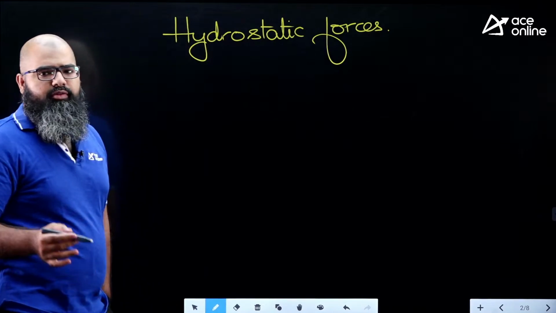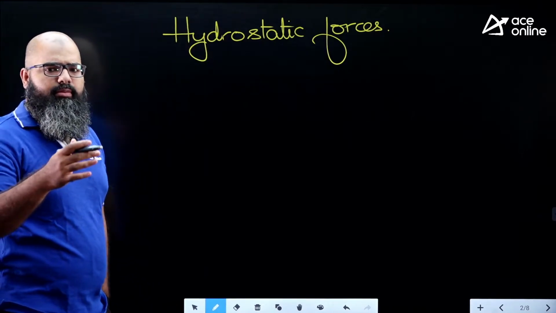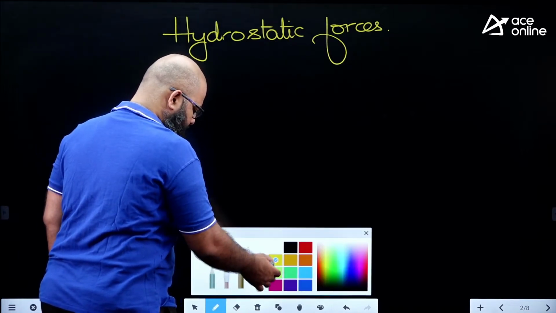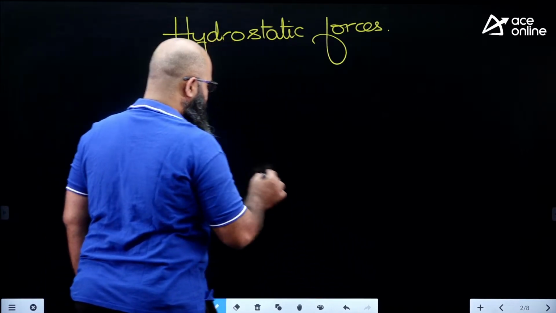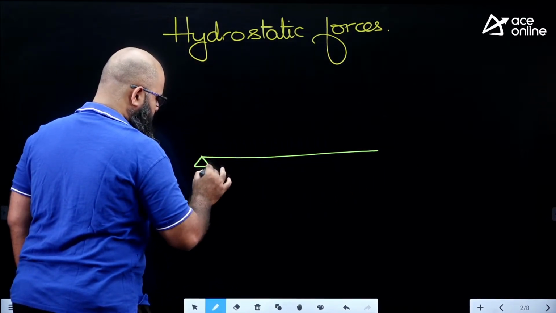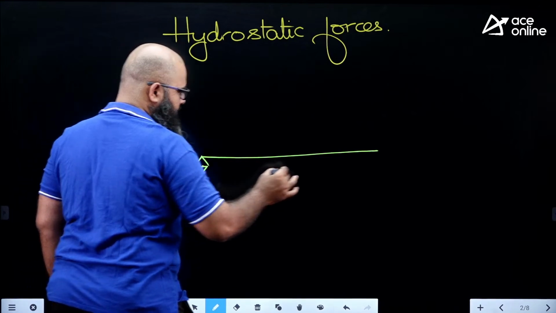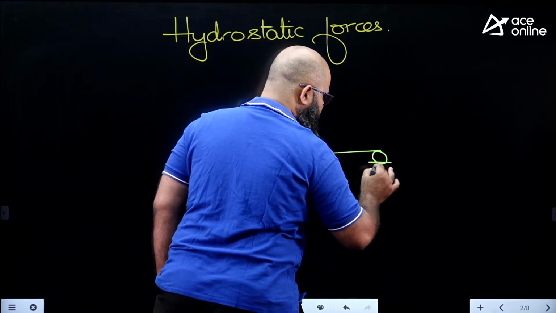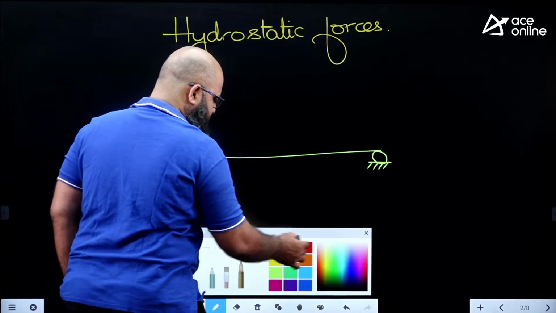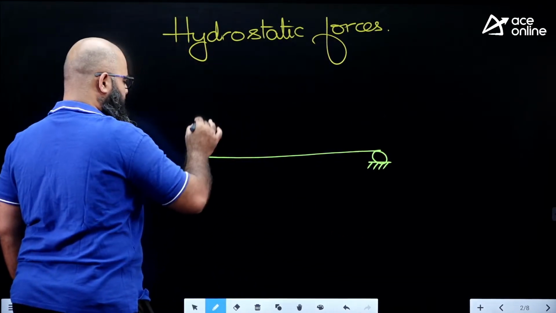To understand the concept of hydrostatic forces, let us briefly revise the concept of loading acting on a beam. So imagine you have a simply supported beam. On this simply supported beam, let us say you have some loading acting this way.